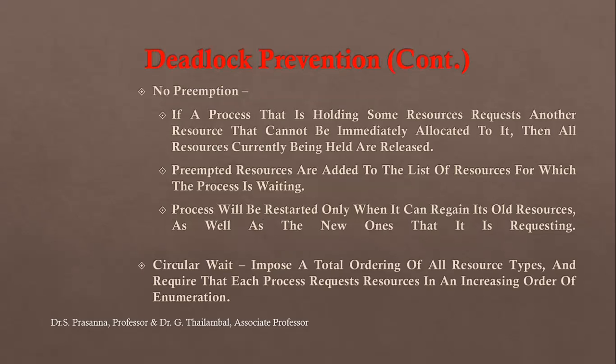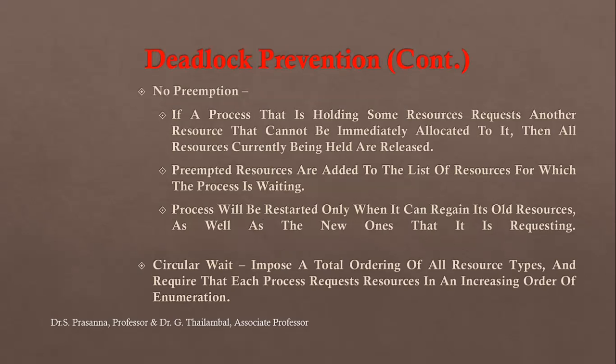No preemption type. When no preemption happens, deadlock happens, but it can be avoided. It can be prevented if a process that is holding some resources requests another resource that cannot be immediately allocated to it, then all the resources currently being held are released.